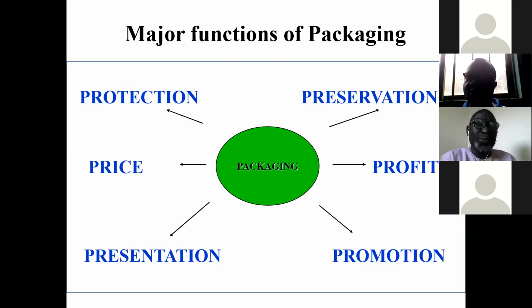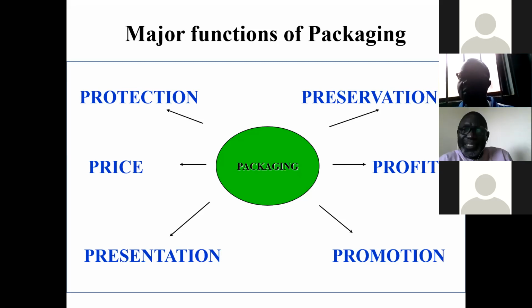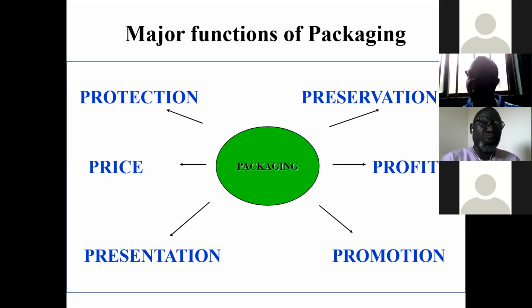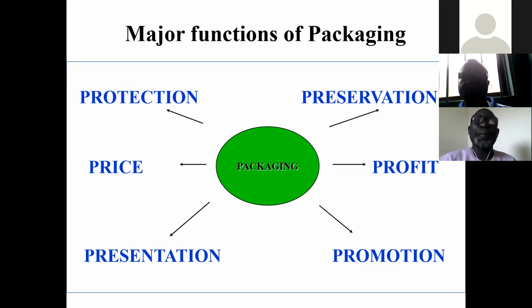What comes in between them is the packaging material. The packaging material prevents certain materials from coming in, and it protects the organoleptic properties and some other things which must be conserved or preserved by the packaging.